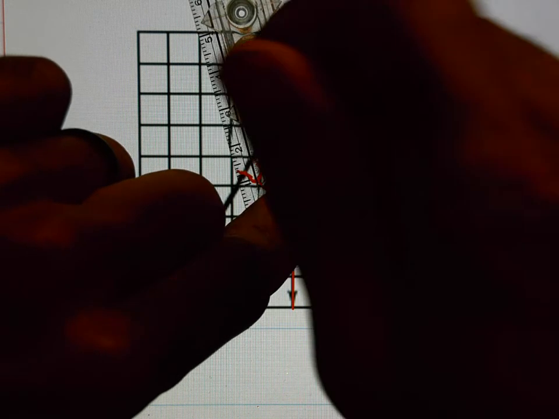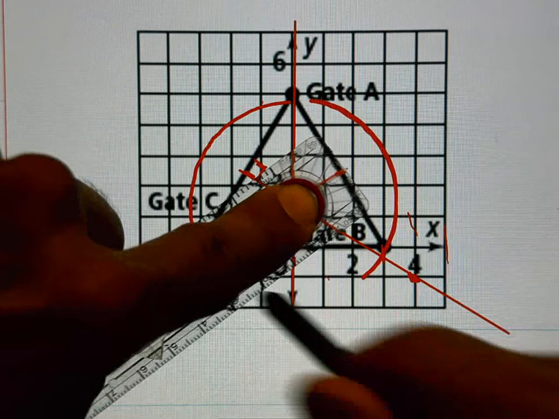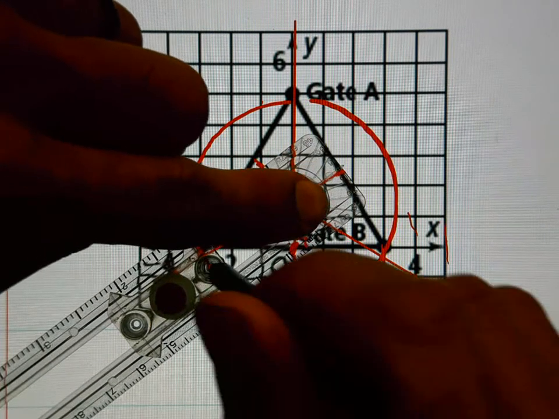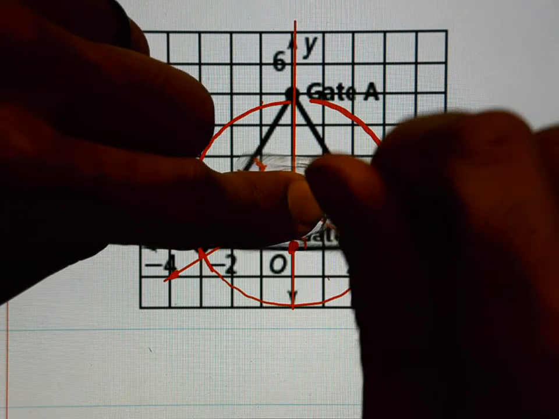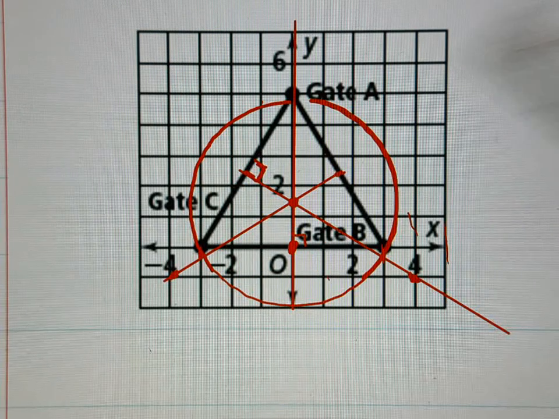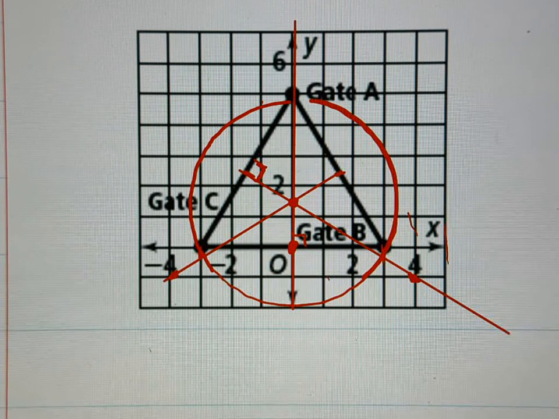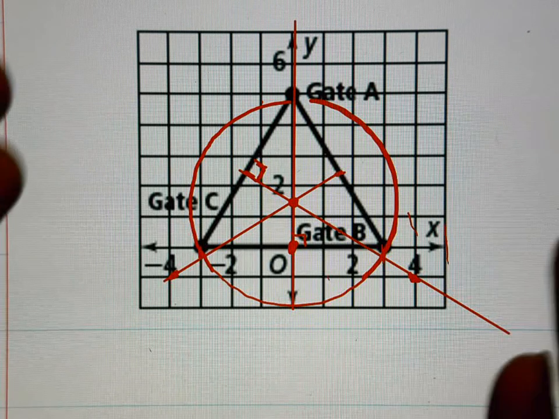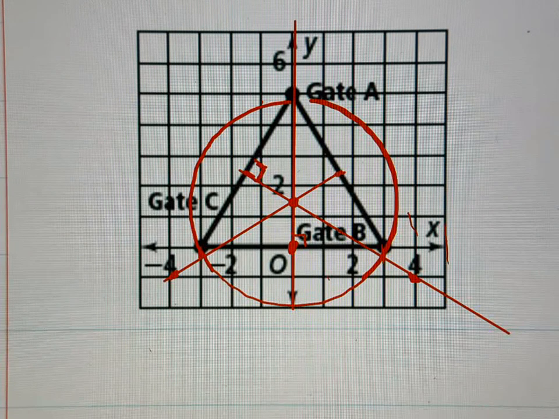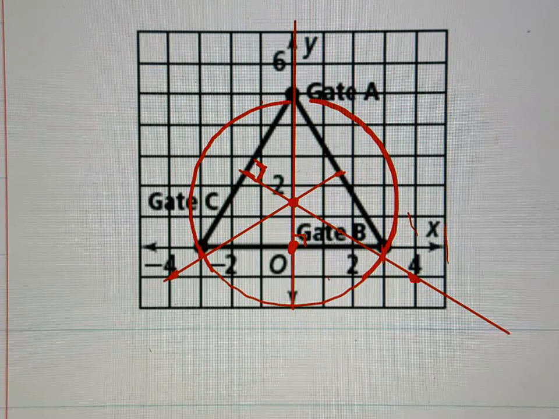Let's try that. Is that the exact center place where I can go through all three? How cool is that? I think it's cool. I mean, I think it's one of the neatest mathematical things that you get to learn in this class.